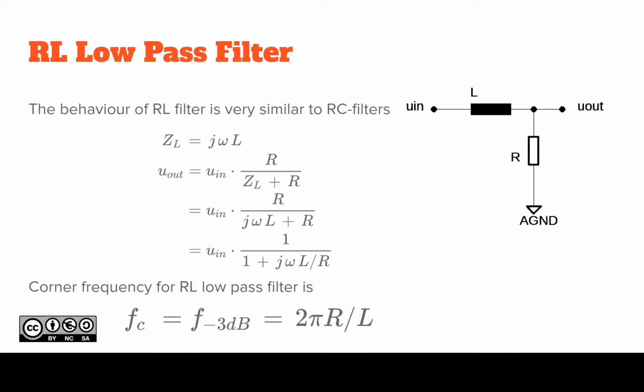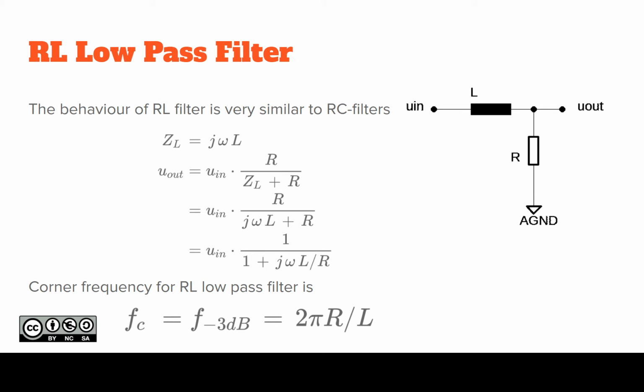And if you take a look at this here, our U out is U in times 1 divided by 1 plus j omega L divided by R. The difference between this and the RC low pass filter is that downstairs, instead of C times R, we have L divided by R. But functionally, it's still the same.